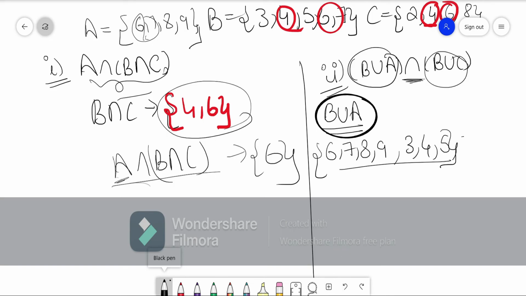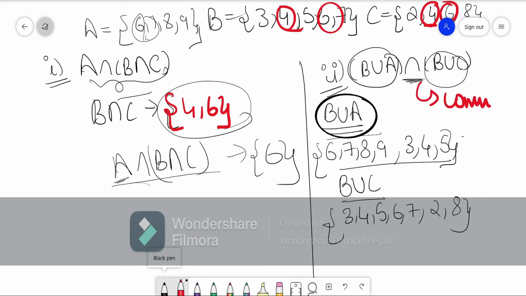Now let's move on to B union C. What are the elements in B union C? All the elements of B, that is 3, 4, 5, 6, 7, and all the elements of C, that is 2 and 8, because 4 and 6 we have already written. Now what is common in both of them? Because you have to do intersection, intersection means common. Is 6 common?